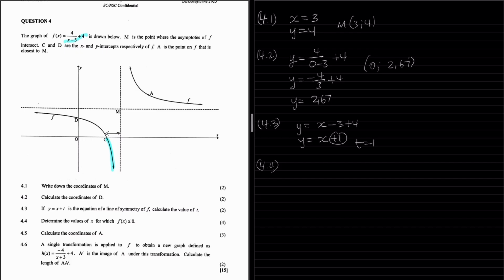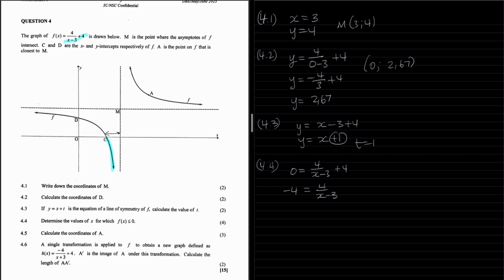Now I need to solve for the x-intercept, and to solve for the x-intercept, make y 0. So 0 is equal to 4 over x minus 3, plus 4. I'm going to take the 4 across, so minus 4 is equal to 4 over x minus 3.